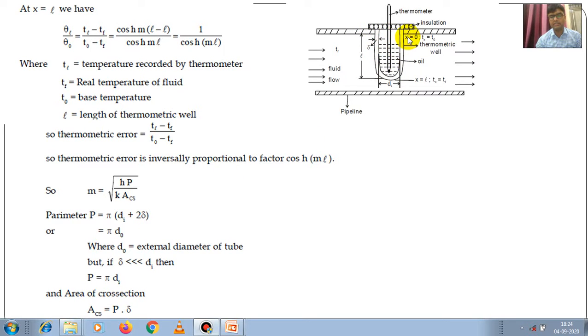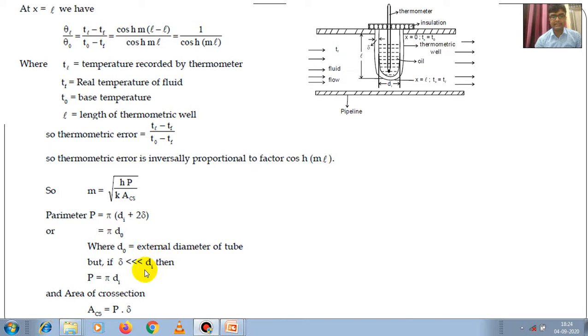Definitely this is no issue, because the internal diameter is d_i, and the external diameter is d_i plus 2 del, so it is pi into d_naught. This is pi (d_i plus 2 del), which is pi d_naught, where d_naught is the external diameter of the tube.